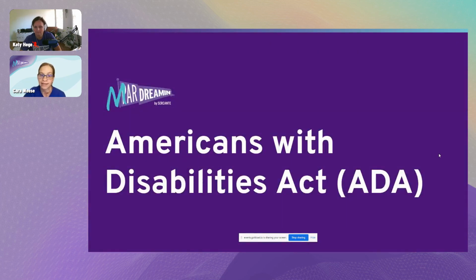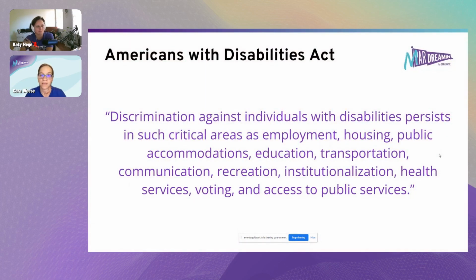All right. So what is the Americans with Disabilities Act? This is referred to as the ADA. And specifically, the rules that apply to marketing is this piece here. Discrimination against individuals with disabilities persists in such critical areas as employment, housing, public accommodations, education, transportation, communication.